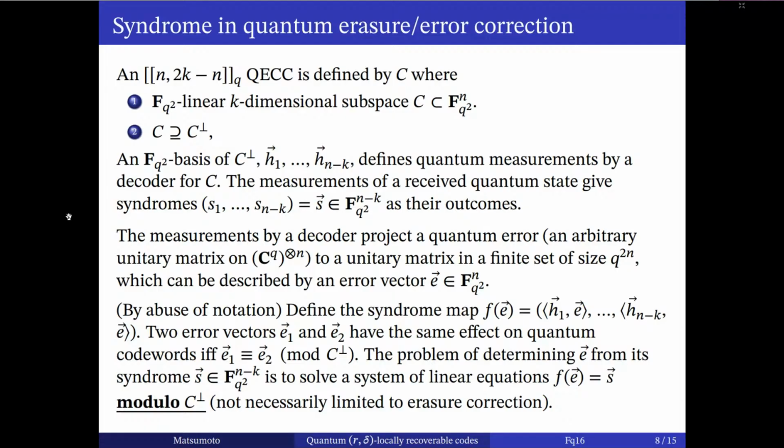Then, even if they are different vectors, they have the same effect on every quantum codeword if and only if the two vectors are equivalent modulo C perp. Okay? So, in quantum error correction, the problem of determining the error from its syndrome S is to solve a system of linear equations such that the syndrome of E is equal to the vector S modulo C perp. Okay? So modulo C perp is the only difference in quantum error correction.